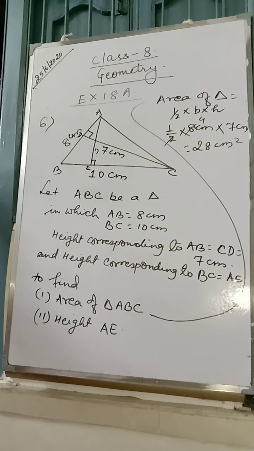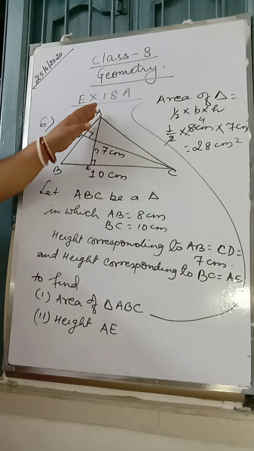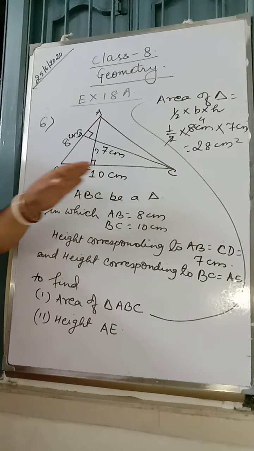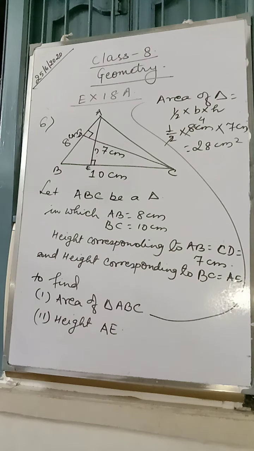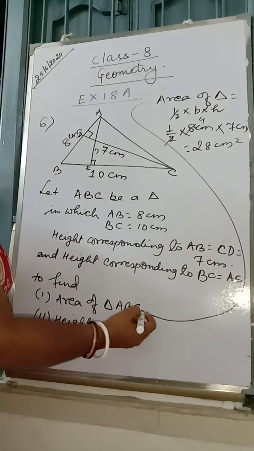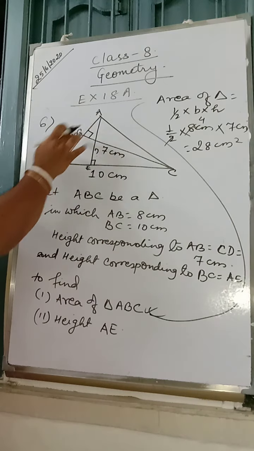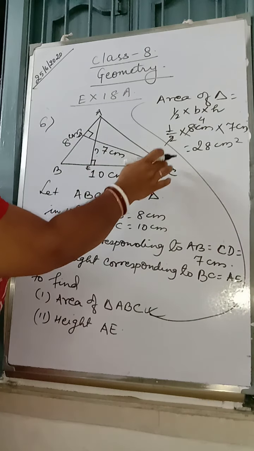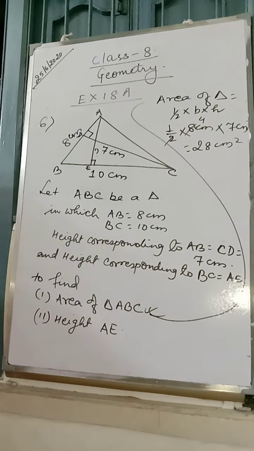Now the area of triangle remains same. If you take base 8 and height 7, or if you take base 10 and height AE, area of triangle is not going to be changed because you are talking about the same triangle. First we had to find the area of triangle. We have taken base 8 centimeter and height 7 centimeter and got the area of triangle.